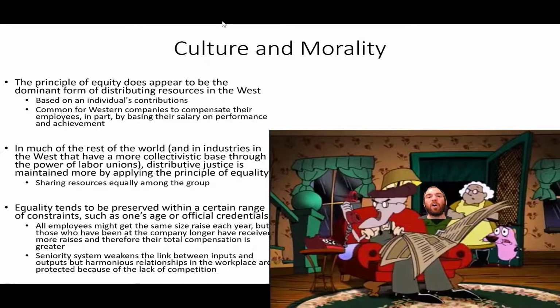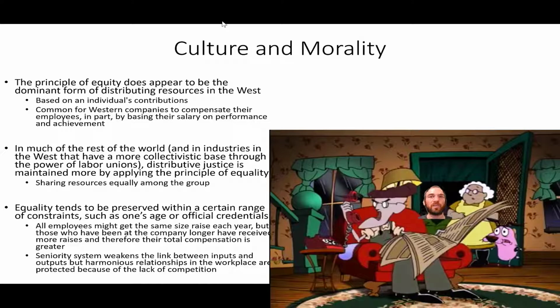So, for example, all employees receive a raise, but employees who have spent the most time at the company receive a slightly larger raise than the other employees. And therefore their total compensation is greater. So everybody's getting an increase, but within a set of constraints.